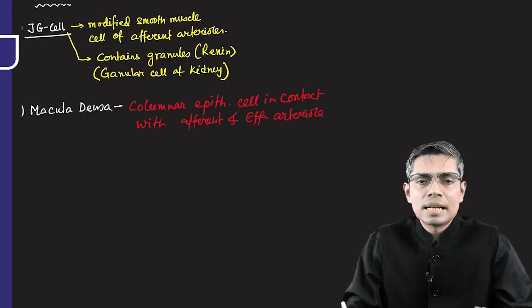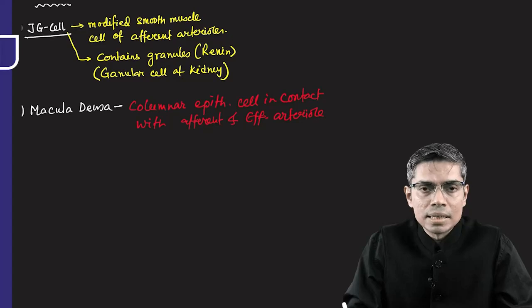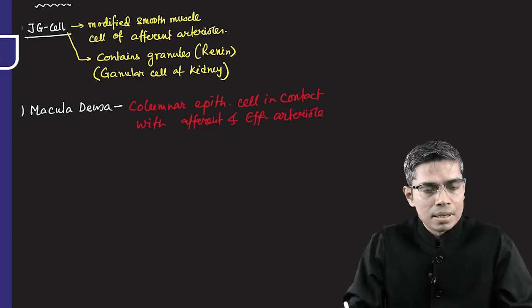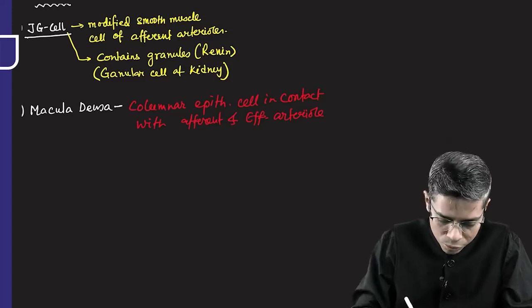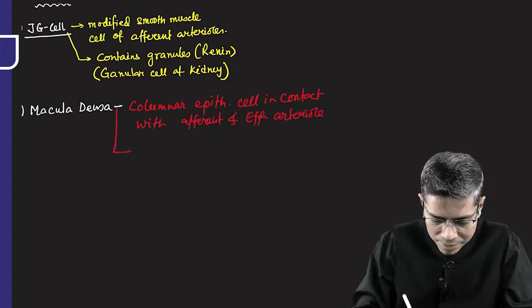But the question is, I am saying these are the epithelium cells of the tubular lumen. Which part of the tubules contains the macula densa cell? Okay, a little controversial, so I will give you the evidence.